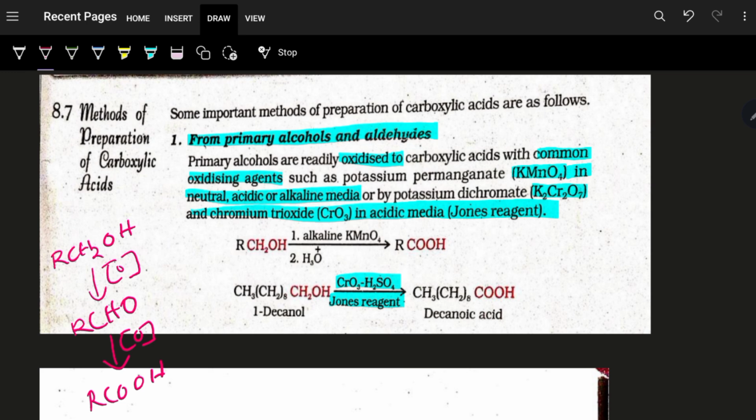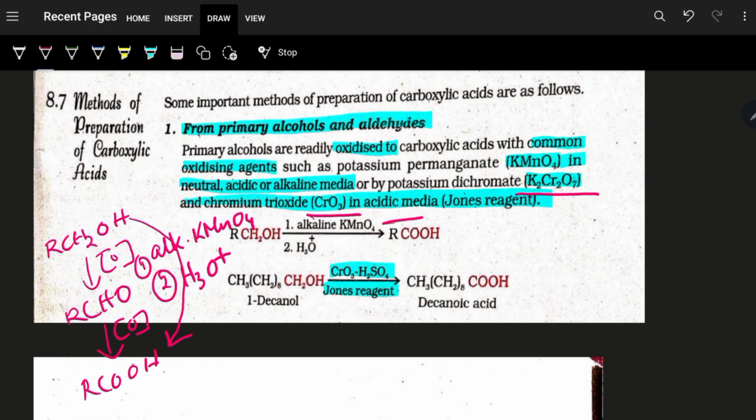So if I use a suitable strong oxidizing agent like alkaline KMnO4, or say acidified K2Cr2O7, followed by hydrolysis H3O+. So I can use alkaline KMnO4 or K2Cr2O7. I can use CrO3 in acidic medium.